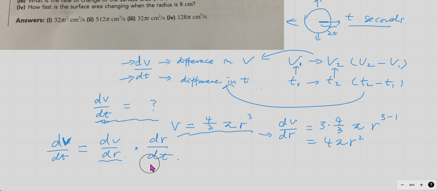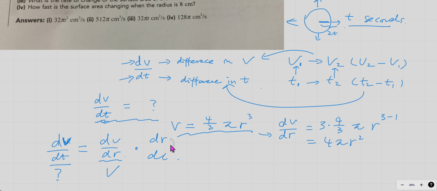Why? Because this is what you want, and this is what you have. If you can have dr over dt, you can cancel dr, and you end up with dV over dt. So you need to have a dr over dt. So what is your dr over dt? That means what's the rate of change of your radius.